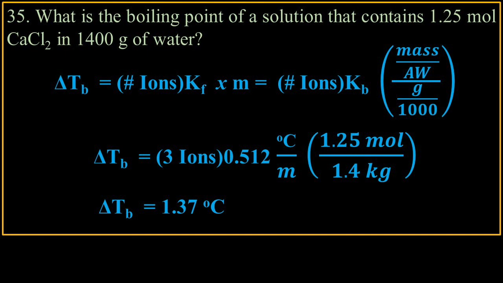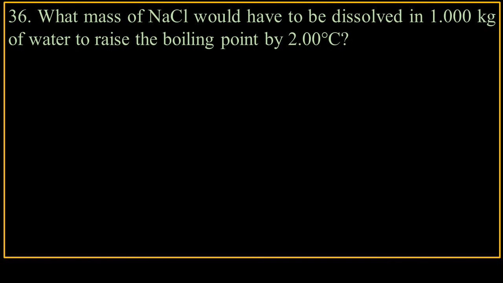So it'll be 3 ions times 0.512 times 1.25 over 1.4, and that's going to be 1.37, and then the boiling point will be 101.37 degrees Celsius. So just remember, you got to put in the number of ions that are forming.